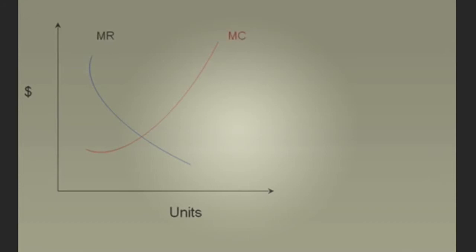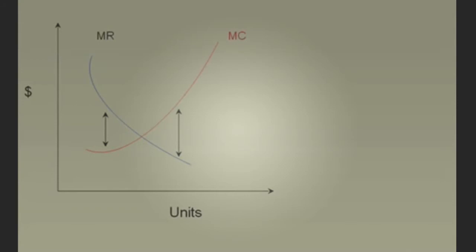Okay. Let's look at the left side. When marginal revenue is greater than marginal cost, on the left, it means you can increase profit by producing more units because the additional revenue is greater than the additional cost. If you look at the right side, where marginal cost is greater than marginal revenue, at this point, don't make any more because you lose money.